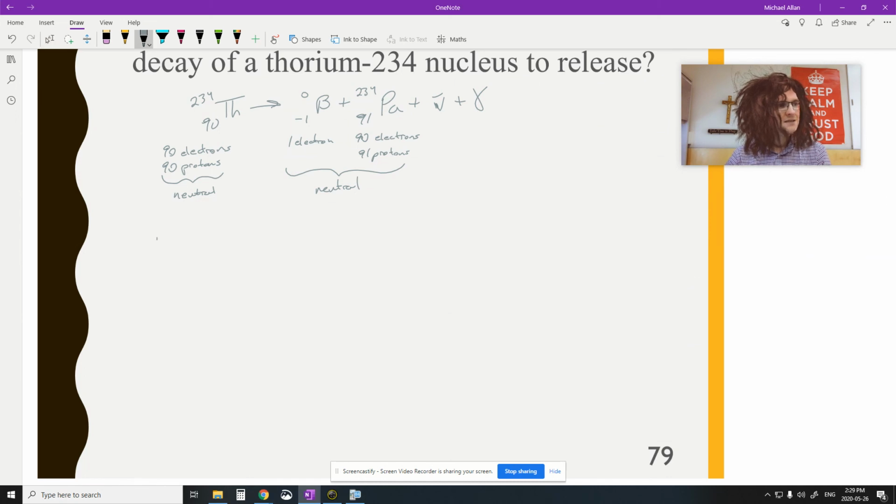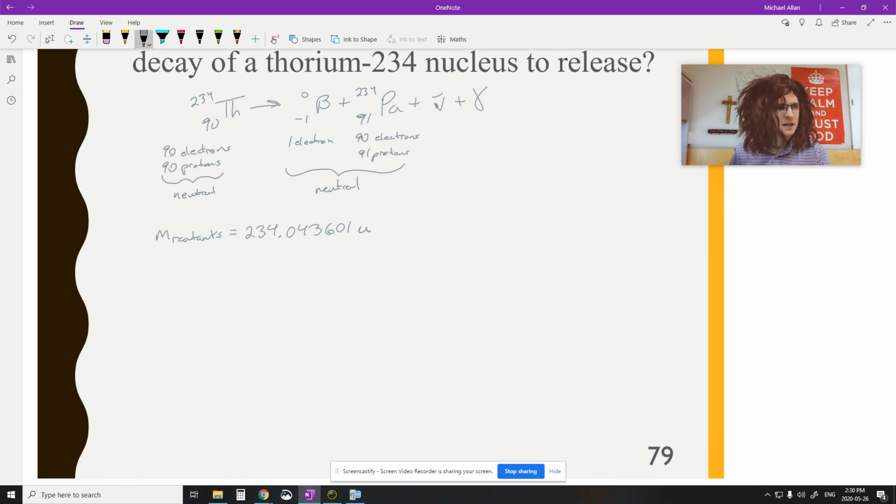So the mass of my reactants, the reactants being the left-hand side here, is 234.043061060, atomic mass units. I'm writing down the right numbers, I'm just not saying them.